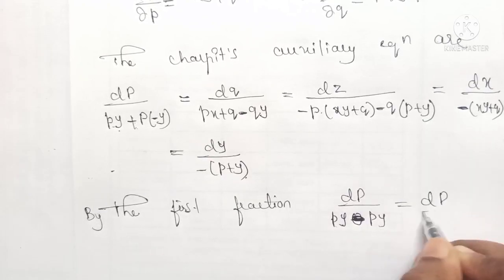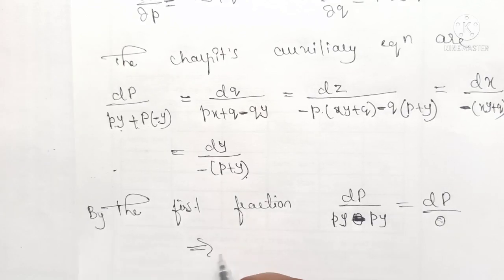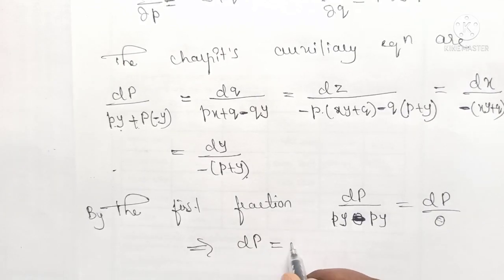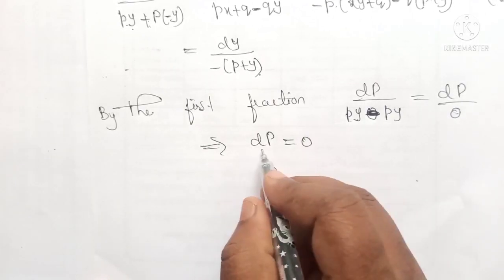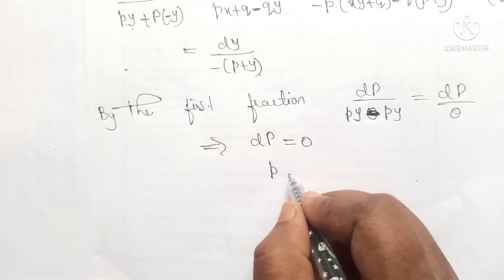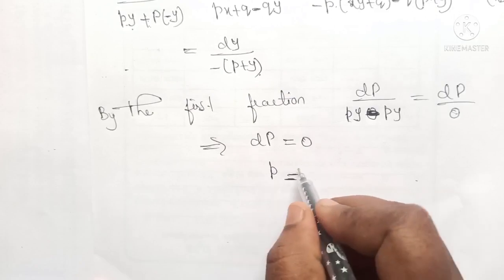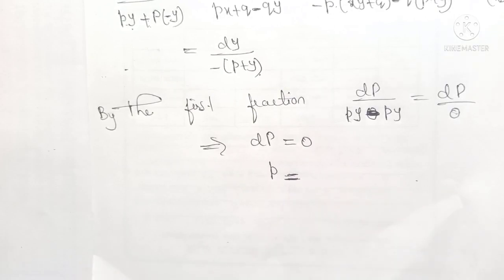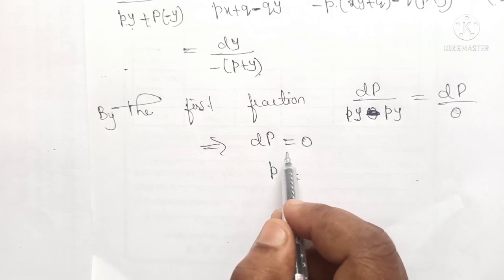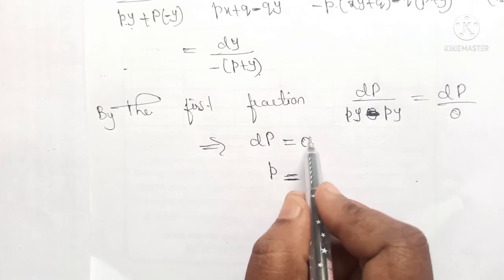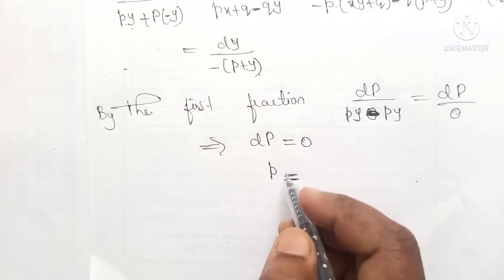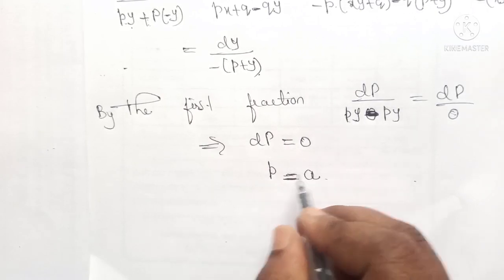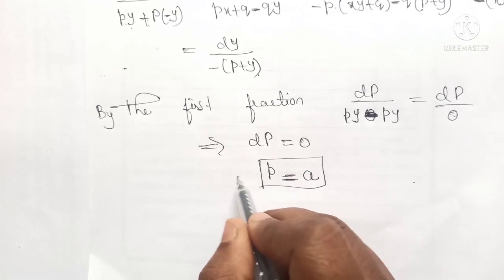It implies that dp equals 0. Here the differential is equal to 0, therefore p must be a constant, and that constant we consider as a.